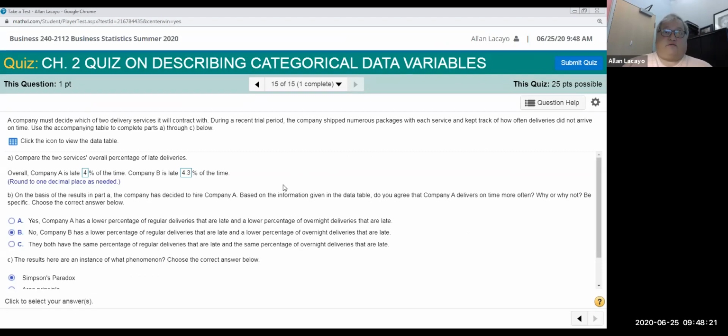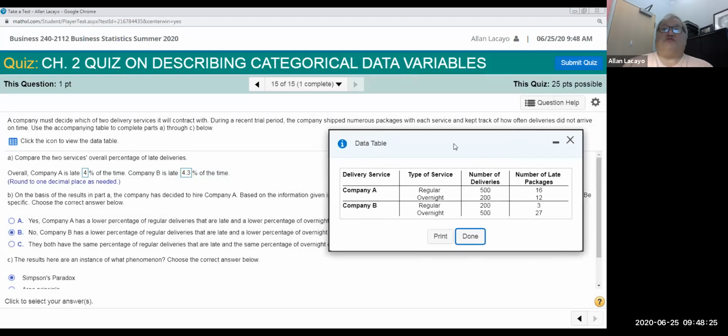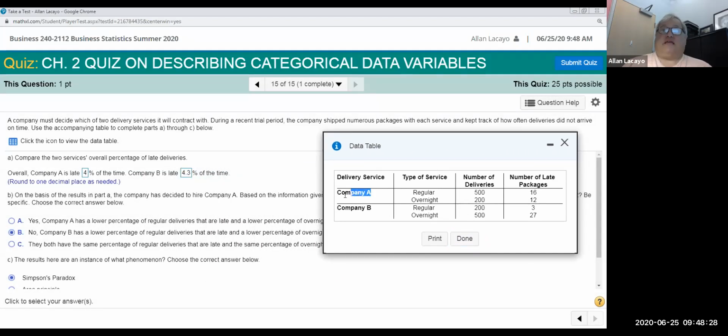In this particular question, a company uses two different shipping services, Company A and Company B. Imagine a company that uses UPS and FedEx, for example. And imagine that both of those shipping companies offer regular service and also offer rush overnight service.